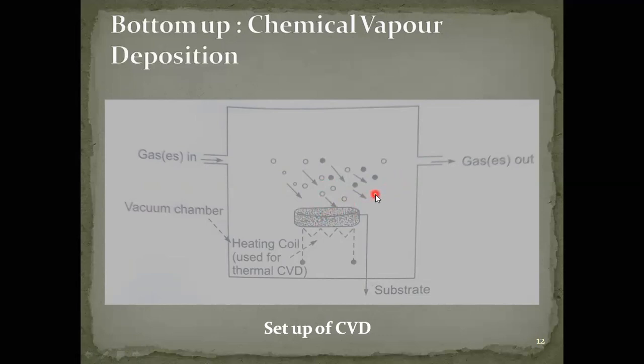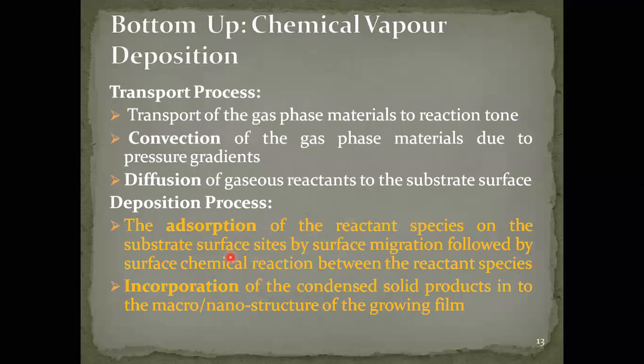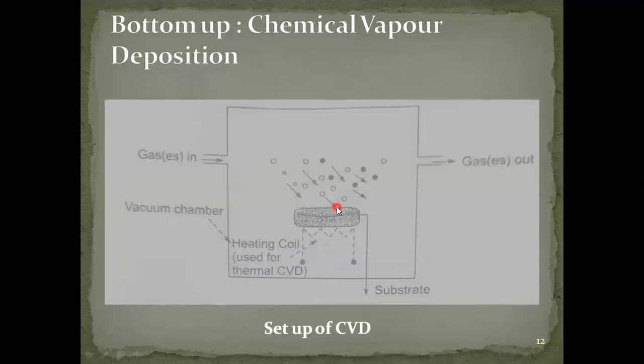That process is what you call desorption. The opposite of adsorption is desorption, the release of the adsorbed molecules. The high strength molecules, I will talk about them in a few minutes, will adhere onto the substrate. When they adhere onto the substrate, the surface chemical reaction takes place between the reactant species, which are again two different molecules. So the reaction takes place.